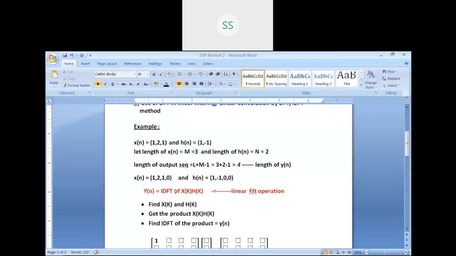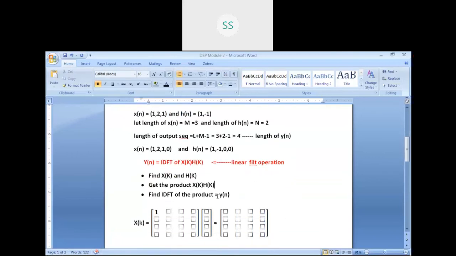Here we are making use of DFT IDFT to generate our results. In this method, the output of the linear convolution operation y of n is the IDFT of the product of X of k and H of k. X of k is the DFT of the x of n sequence and H of k is the DFT of the h of n sequence.